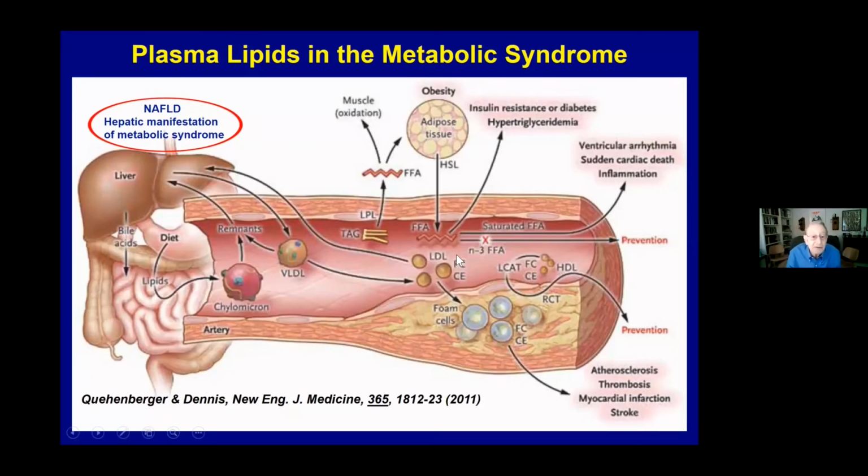The latest manifestation of metabolic syndrome is fatty liver disease, and that is technically termed non-alcoholic fatty liver disease. Classically, fatty liver was due to alcoholism. Today, it's due much more to obesity and other factors, and it's called non-alcoholic fatty liver disease, NAFLD.